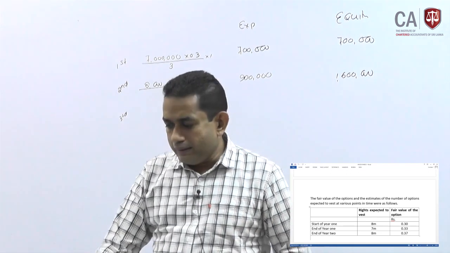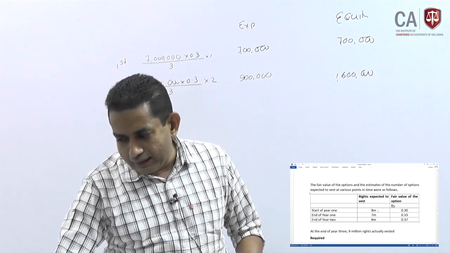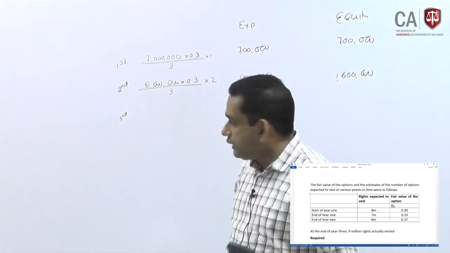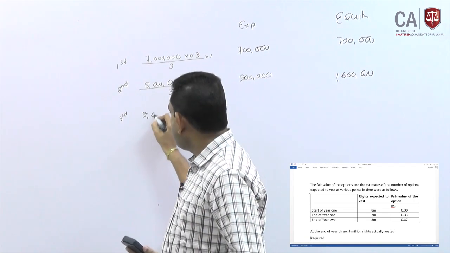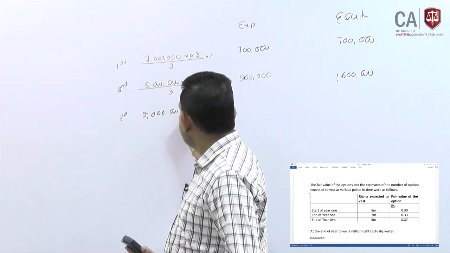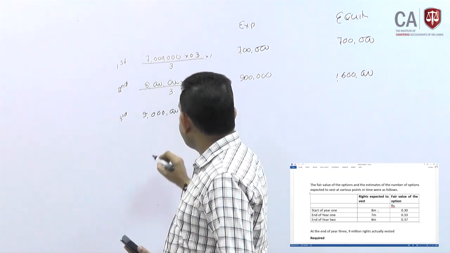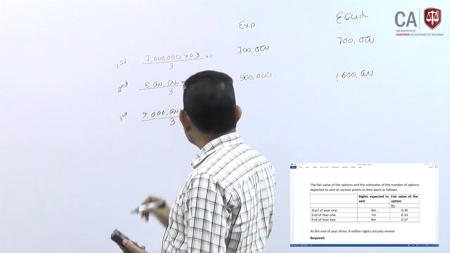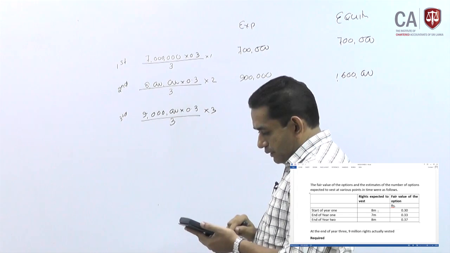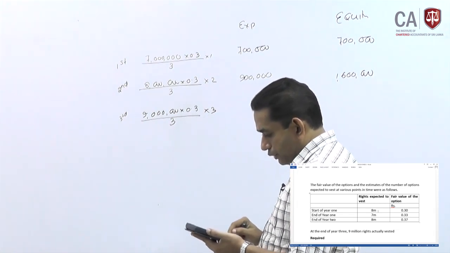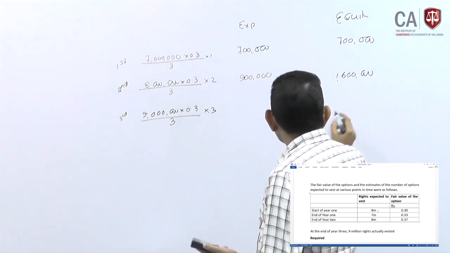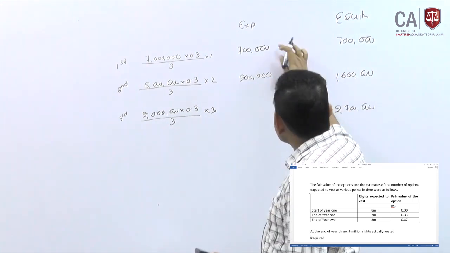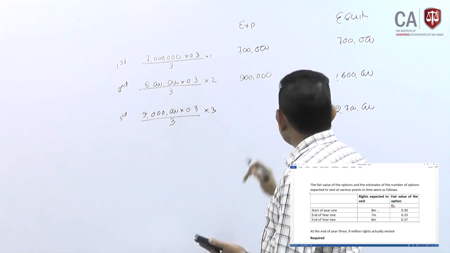End of the third year, the vesting date: 9 million rights have actually vested. 9 million into 0.3 divided by 3 into 3. 9 million into 0.3, so the cumulative equity figure should be 2.7, out of which 1.6 has been expensed over the first 2 years.